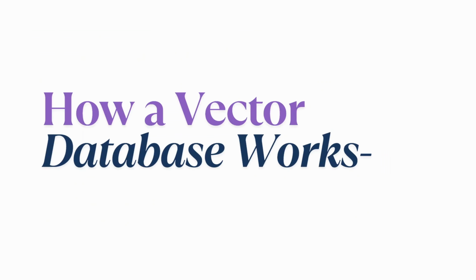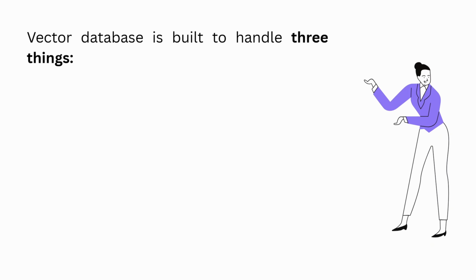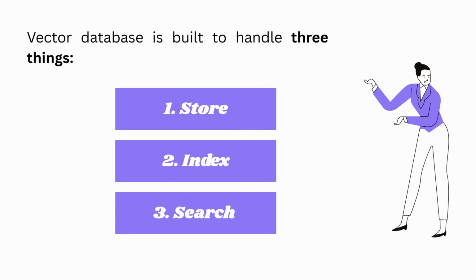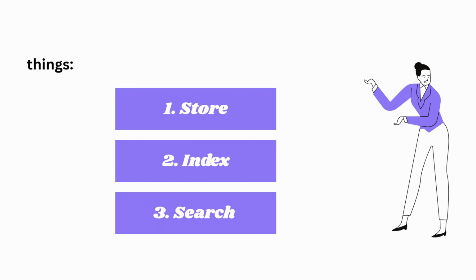Now let's understand how a vector database actually works. It's designed to handle three main tasks: store the vectors, index them efficiently, and search through them quickly. Let's go through each step one by one, starting with the first: store.